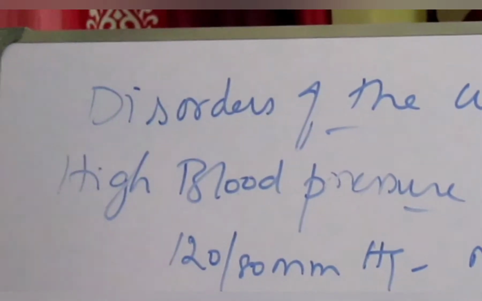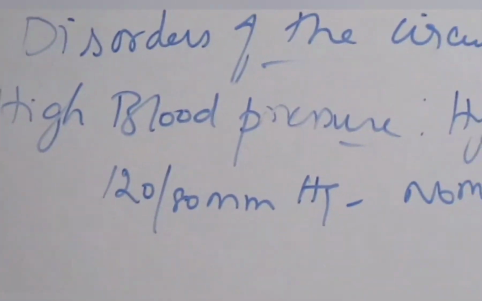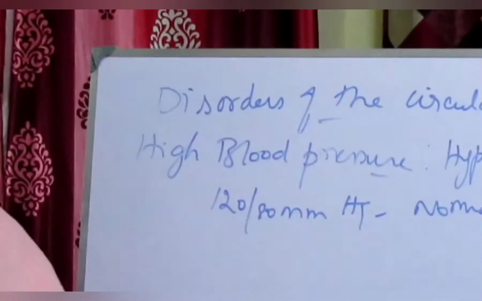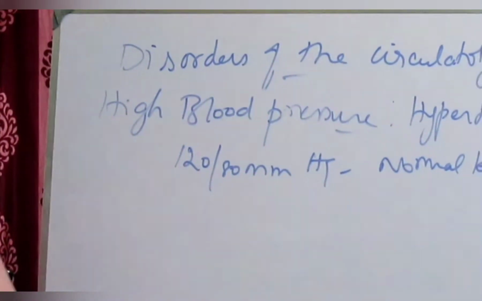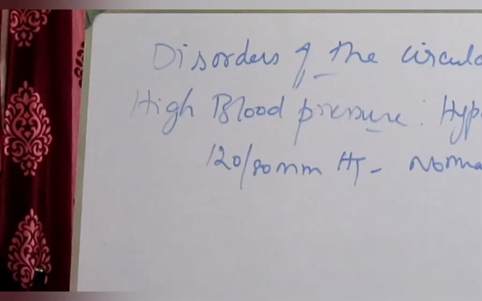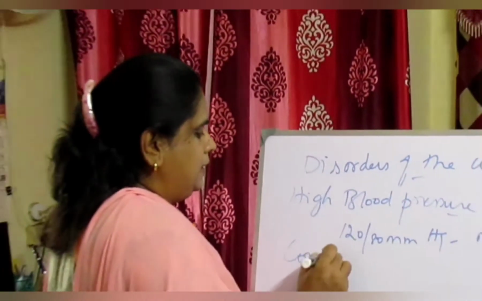How can you prevent this? You should have good diet control and moderate exercise, and avoid stress and strain. Smoking and alcohol consumption should be reduced, and taking appropriate medicines will help to control this problem.